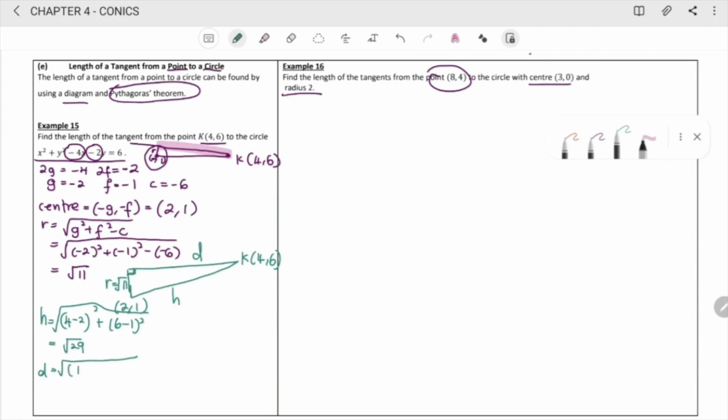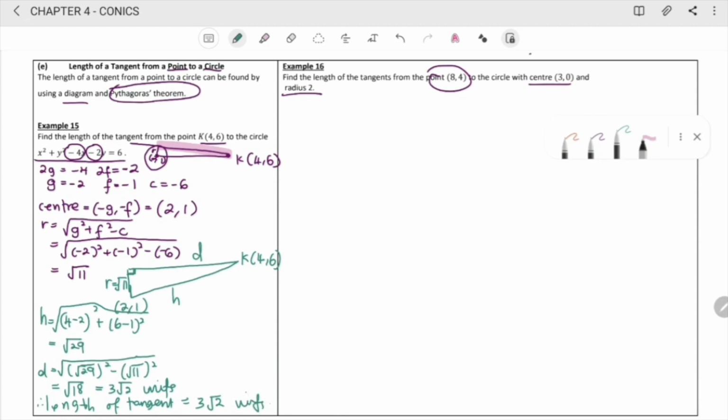So H squared is square root of 29 squared minus the R squared. Finally we get square root of 18, which in simplest terms is 3 square root of 2. So finally the length of the tangent from the point to the circle is 3 square root of 2 units.